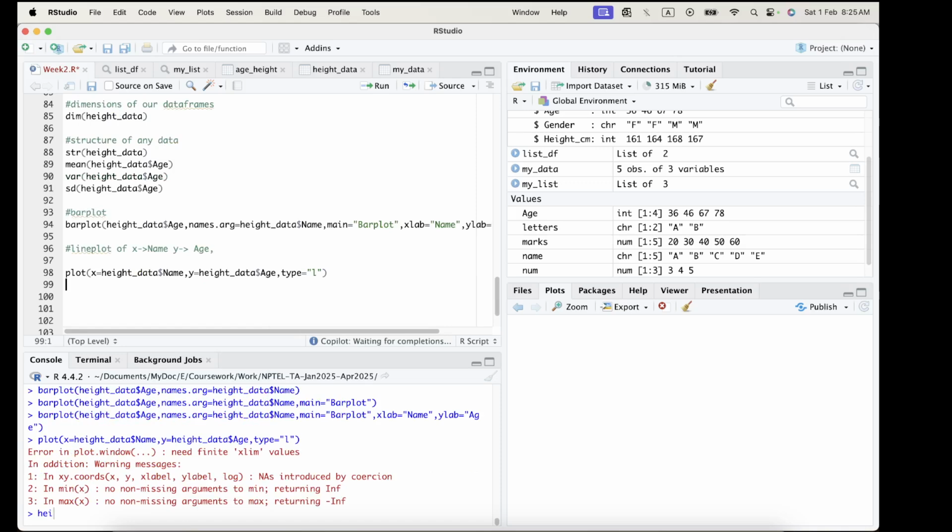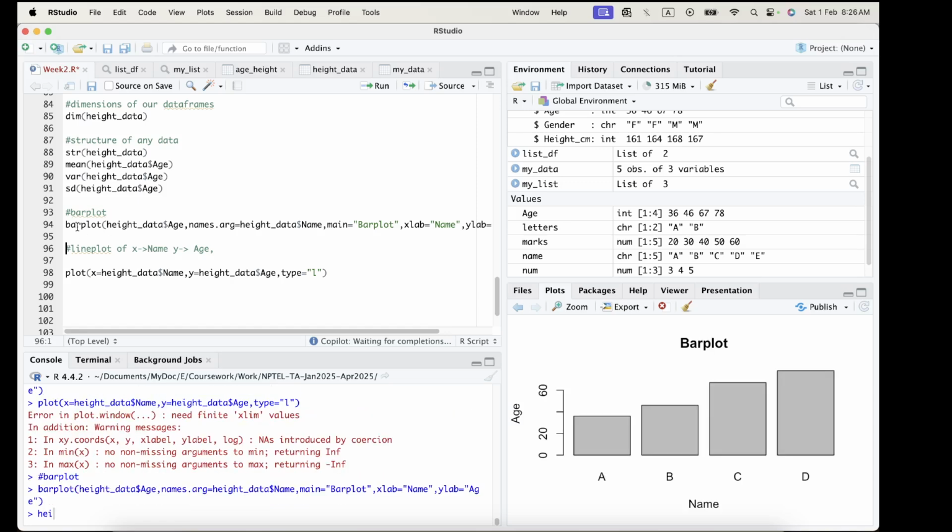Oh, no. x also has to be numeric in this case. When it is categorical, the bar plot is the only thing that we want.